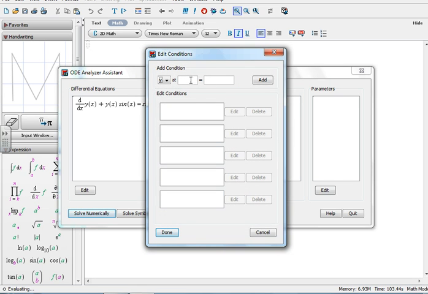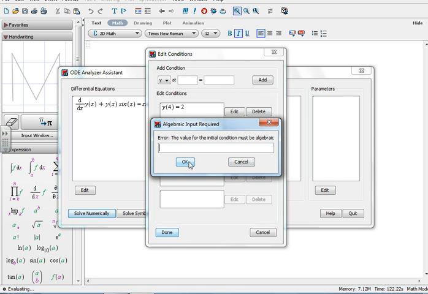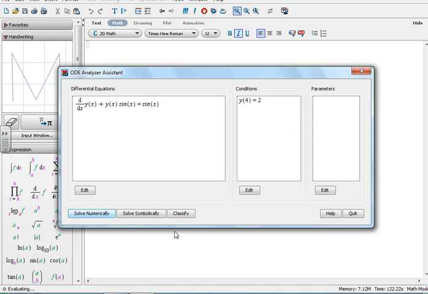Well, let's say y at 4 is 2. Why doesn't it like that? Y at 4 is 2.